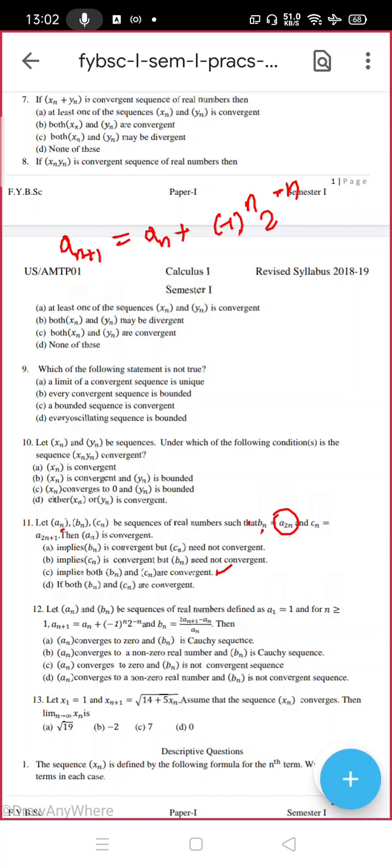Try to see the options. They are saying En converges to 0, En converges to non-zero, En converges to 0, En converges to non-zero. So in all the cases they have already told you that En is a convergent sequence. Do you see? From the options it is definitely clear that En is convergent. Whether it converges to 0 or non-zero is the question, but it is convergent, that we are sure of. Do you agree?